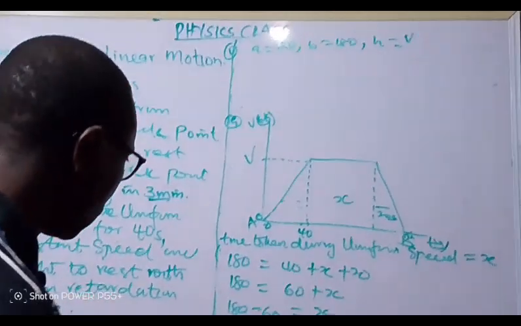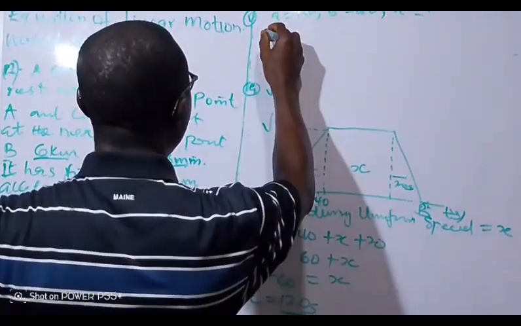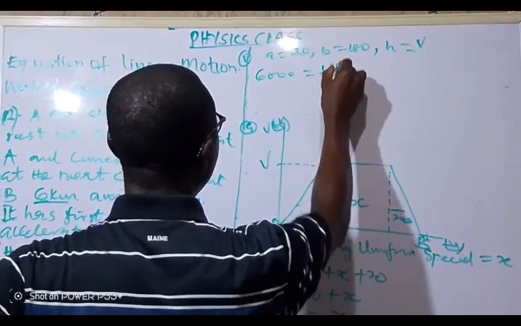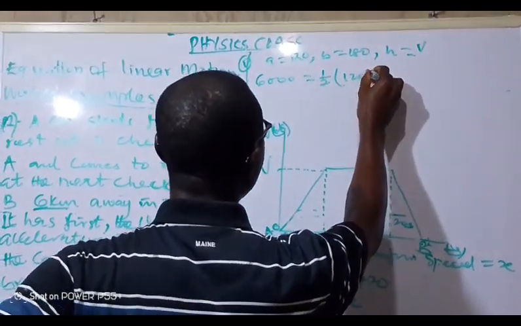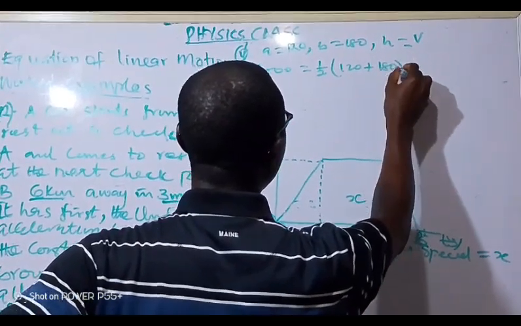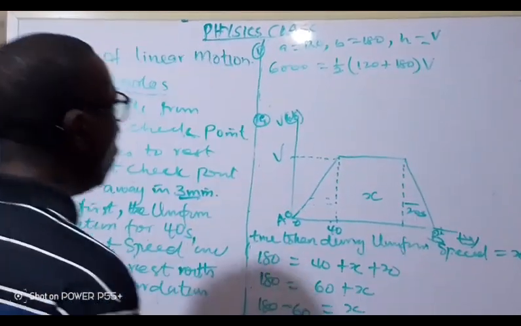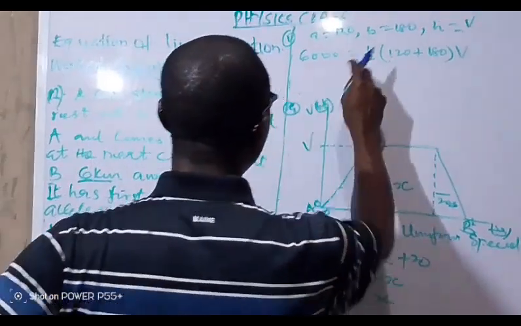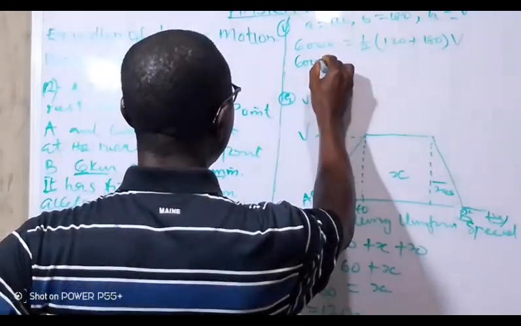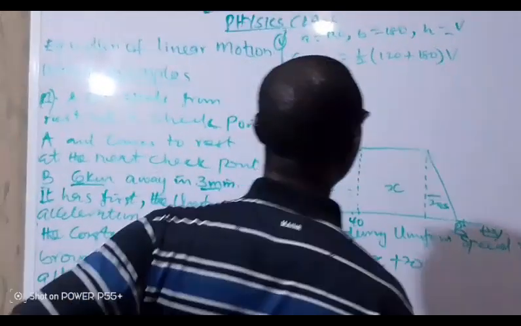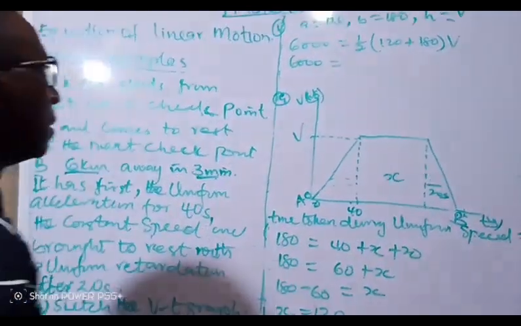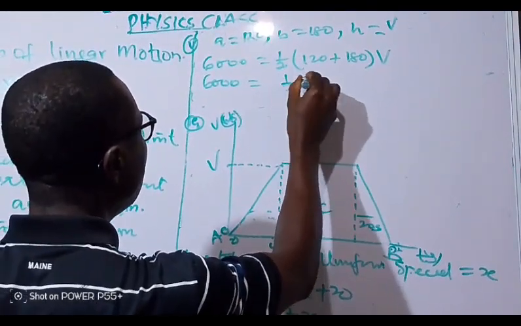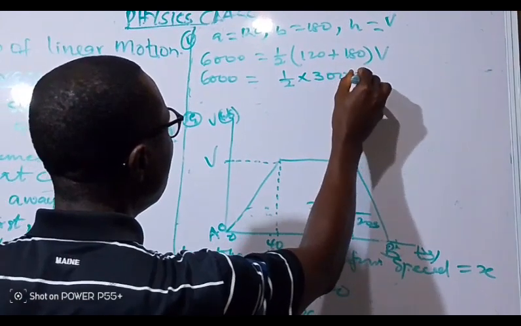So let's insert this now. Our 6,000, which is the total distance, will be equal to half into (120 plus 180) into v. We are looking for v as maximum speed. Cross multiply, so 6,000 will be equal to half into 120 plus 180, that is half multiplied by 300 v.